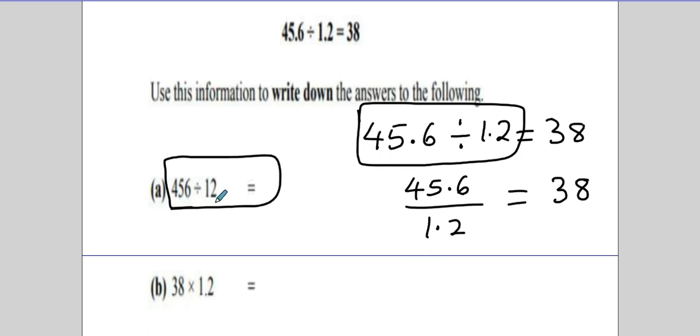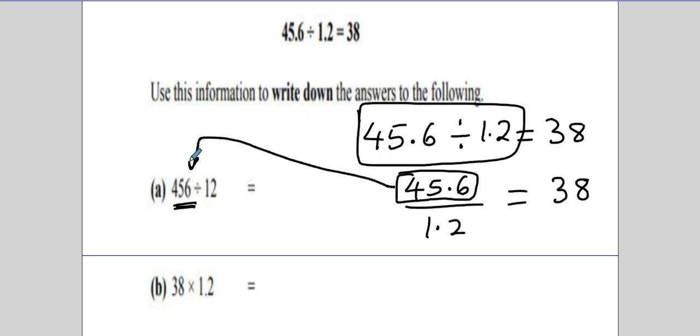Okay, so here, if you look at this question, this is 456. But in here we have 45.6. Now how can you make 45.6 be equal to 456?